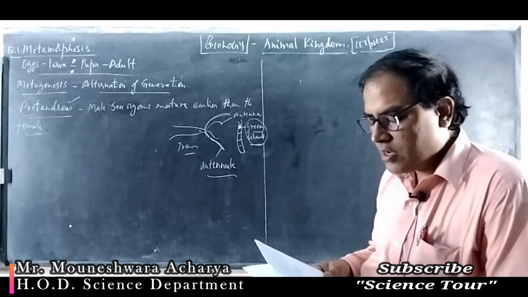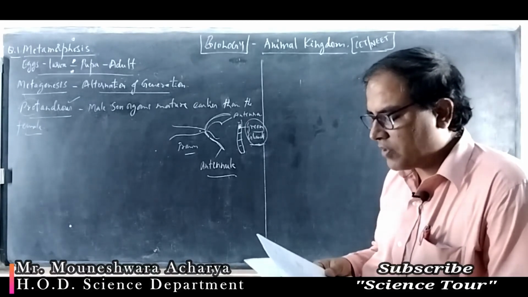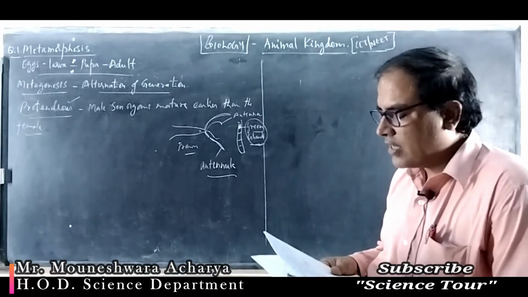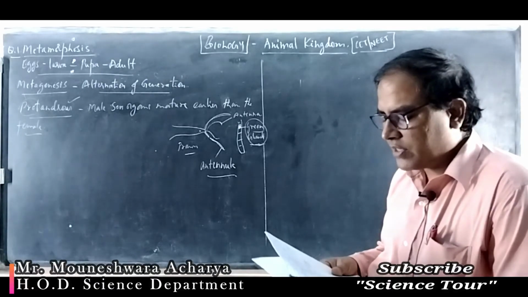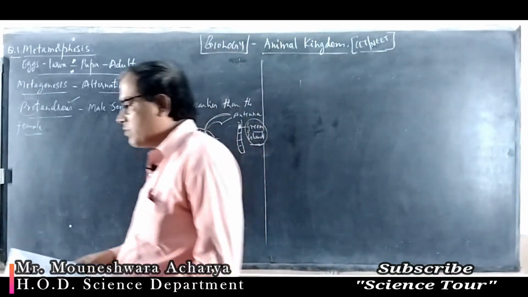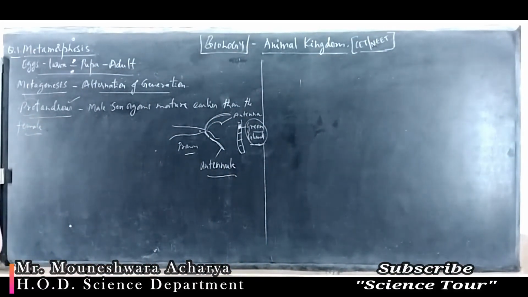Any doubts? Body cavity is the cavity present between the body wall and the gut wall or the alimentary canal. In some of the animals, the body cavity is not lined by the mesoderm. This particular concept is well explained in the theory class, as well as in the NCERT.